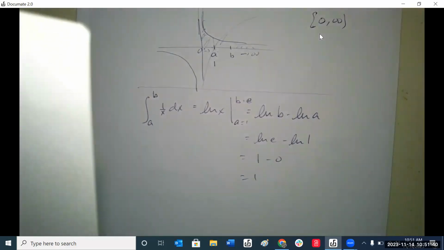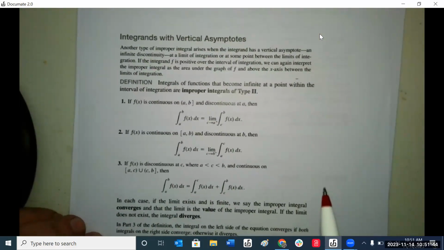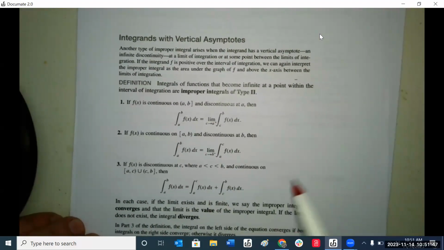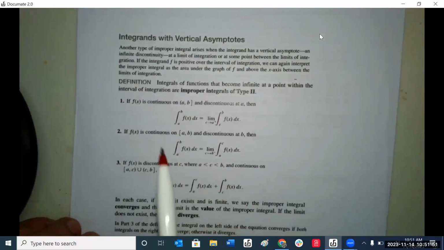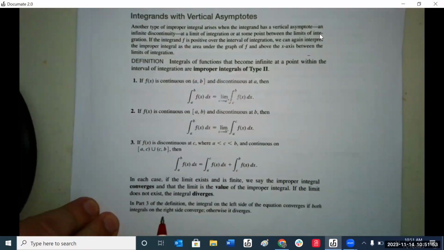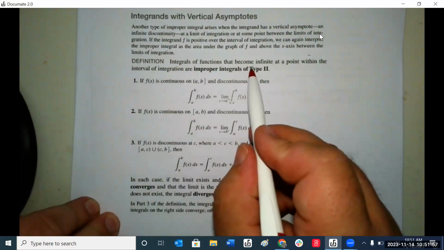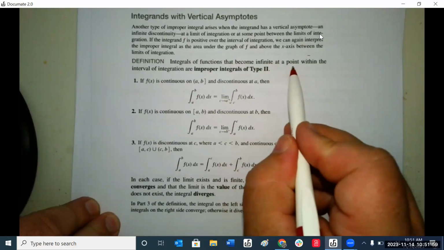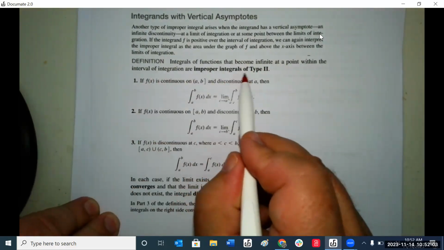So we're still going to look at the integrals. I'll upload the sheets with these notes as well. These are integrands with vertical asymptotes. So here we have the definitions for these, because now we have three other functions we have to worry about. Integrals of functions that become infinite at a point within the interval of integration are improper integrals of type 2.